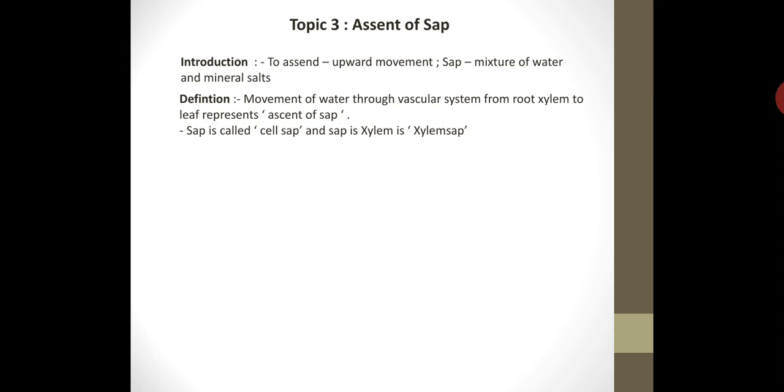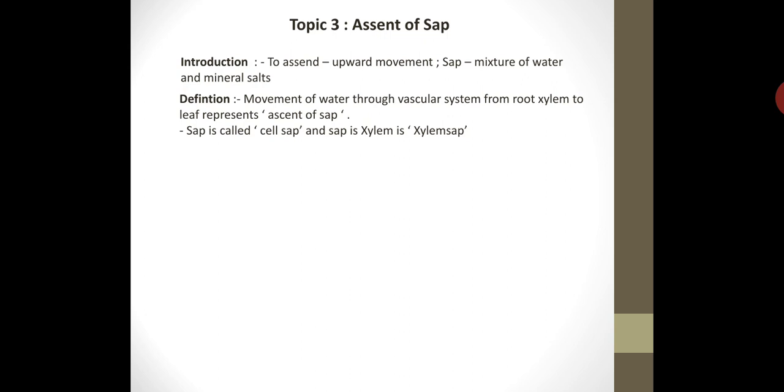So to ascend means upward movement of sap, that is from root xylem to the leaf xylem of the plant. That process we call ascent of sap.